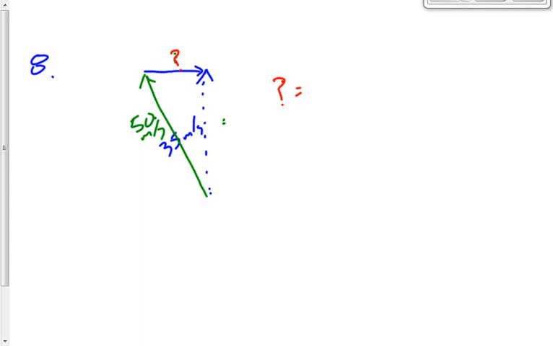The current is going to be equal to the square root, not of 50 squared plus 35 squared, but rather 50 squared minus 35 squared. Again, instead of solving for c, we're solving for a. a squared is equal to c squared minus b squared. We do the math on that one, and it works out to be 36 meters per second.